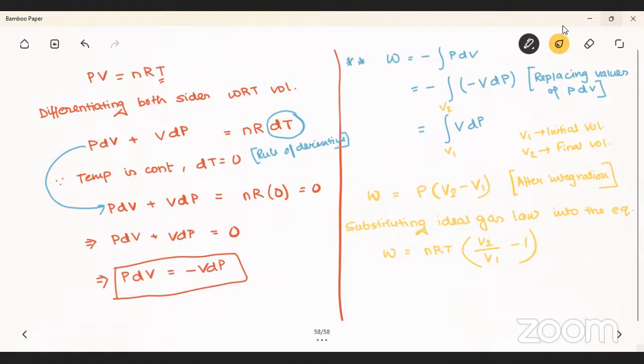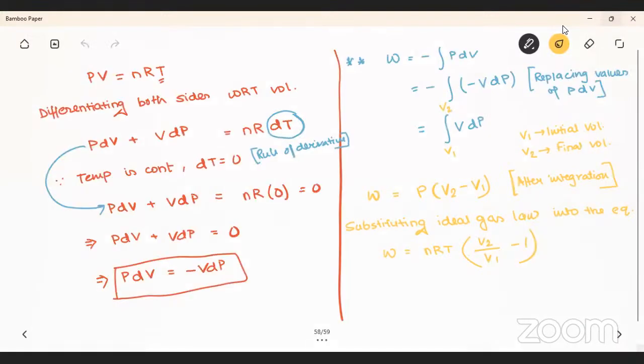Okay. Now, one more thing. So up to this, is everything clear? I've just replaced the ideal gas equation here. Is it P equal to nRT or PV equal to nRT? PV is equal to nRT.